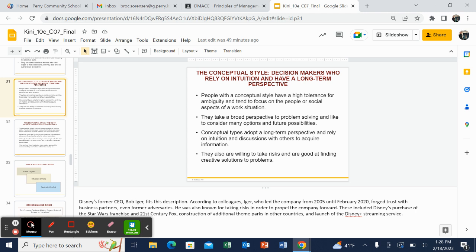So Bob Iger, an individual, he retired right before the pandemic in 2020. Some would argue he had excellent timing because he got out almost at peak Disney. But then a little over 2 years later, he was invited back to become CEO of Disney once again, because Disney has kind of struggled since the beginning of the pandemic, in all honesty.